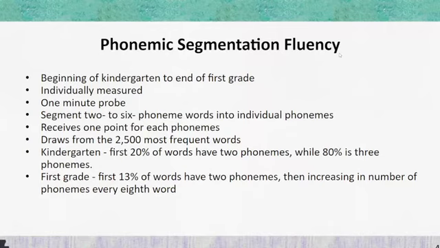Moving into first grade, the first 13% of the words will have 2 phonemes, and then they increase in number of phonemes by every 8th word. At this time, please pause the video and refer to pages 57 to 64 in the DIBELS 8th Administration and Scoring Guide on how to administer and score phonemic segmentation fluency.